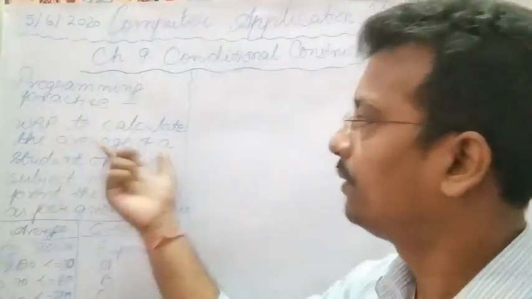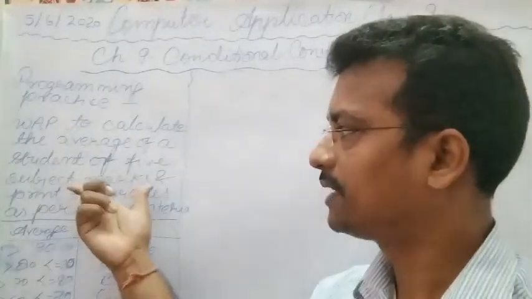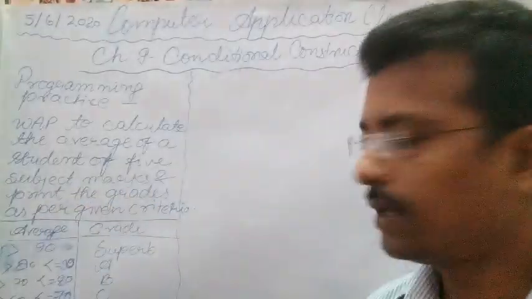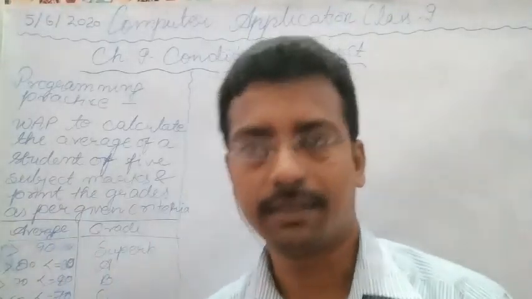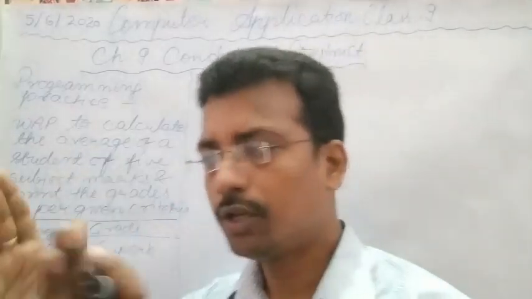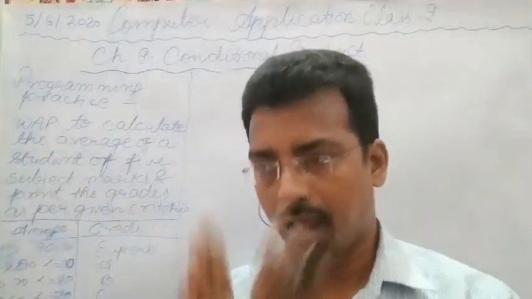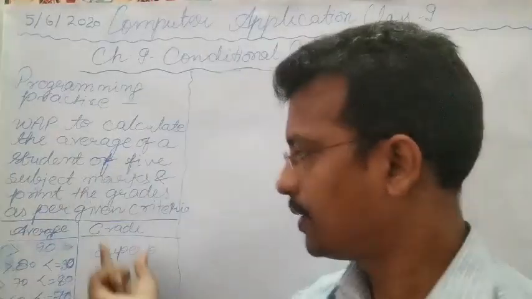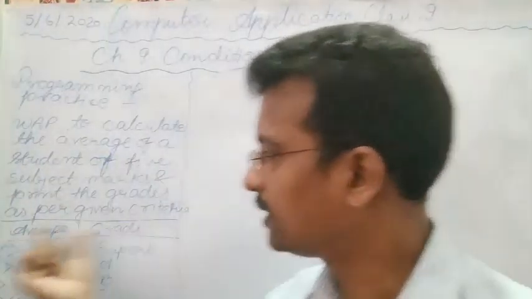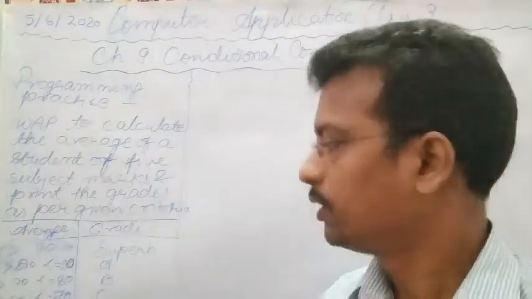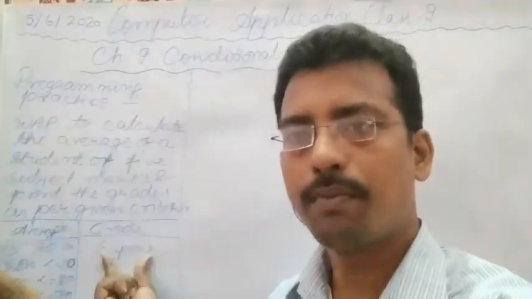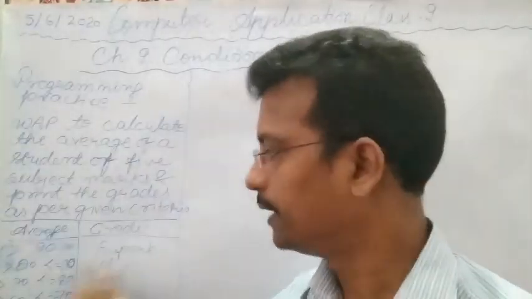Write a program to calculate the average of a student's 5 subject marks and print the grade as per the given criteria. One student has got 5 different subject marks. On the basis of those marks, you have to calculate the total plus average, and find out which grade the student gets on the basis of this chart. If the average is more than 90, the message printed should be superb student.